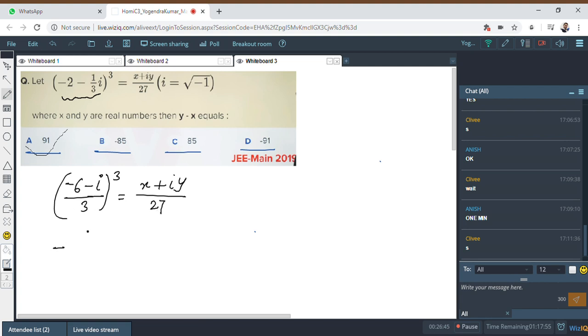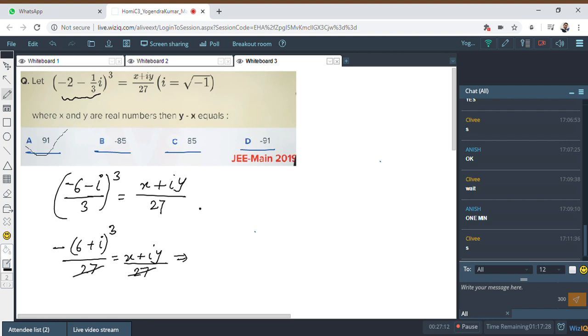Because minus minus is common, we take the minus outside: minus (6 plus i) whole cube upon 27 is equal to (x plus iy) divided by 27, so that will get cancelled from both sides.